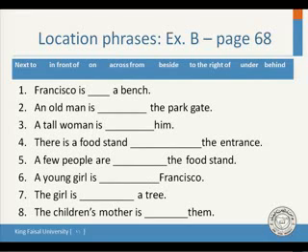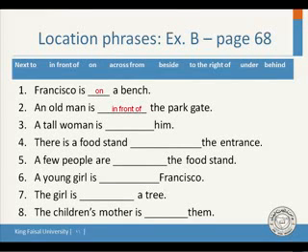A bench is like a chair. Is what? On a bench. Number 2, an old man is blank the park gate, entrance, door. Okay, where is the old man? In front of the park gate.